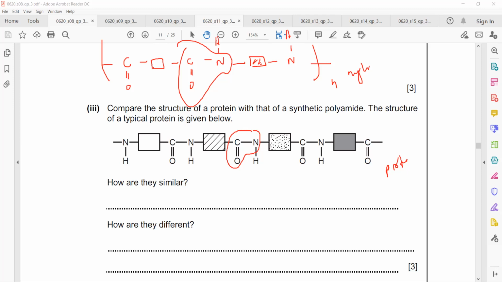When you compare the other part, the monomers in nylon have identical ends, for example dicarboxylic acid and diamine. But for the monomer amino acid, one side has an amine group and the other side has a carboxylic group. So two different groups are attached in the monomer.